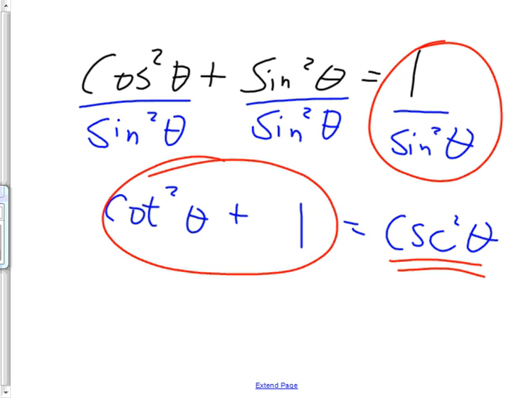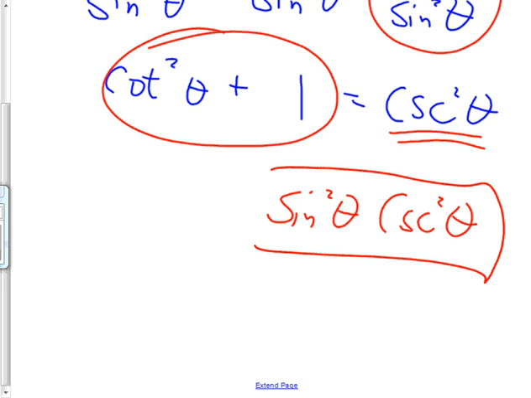If you had a sine in your problem, and you could stick this in instead of cosecant, like you have a sine and a cosecant. Let's say it was sine squared theta times cosecant squared theta. If you had this problem, you should be thinking, okay, I've got to replace sine squared with something or cosecant squared with something.